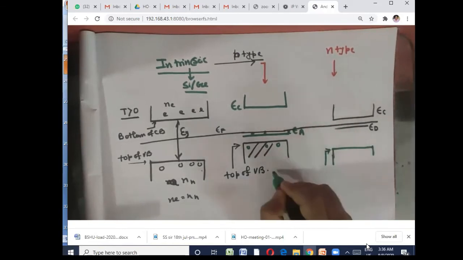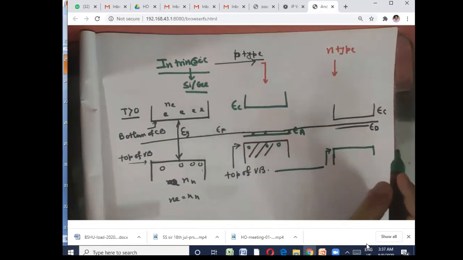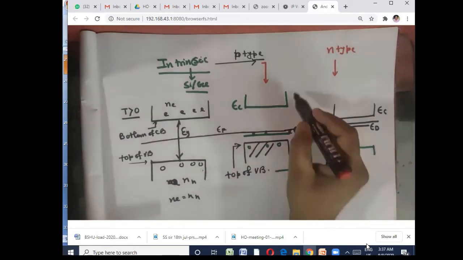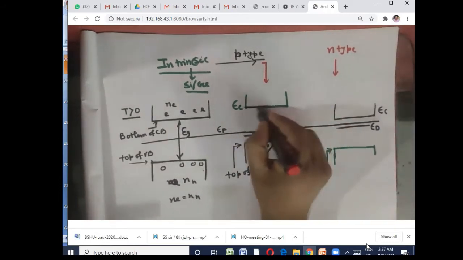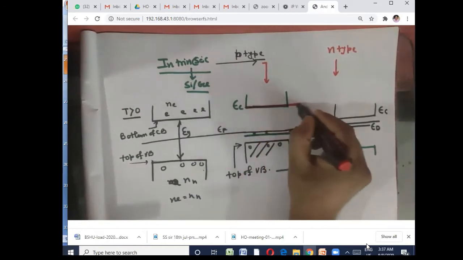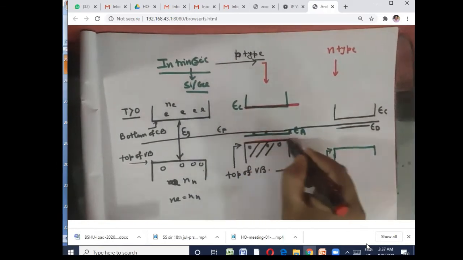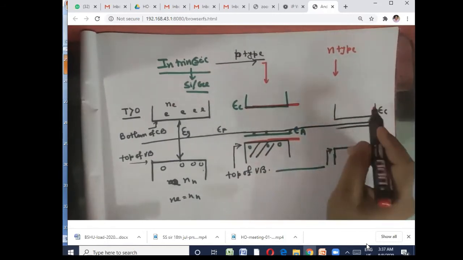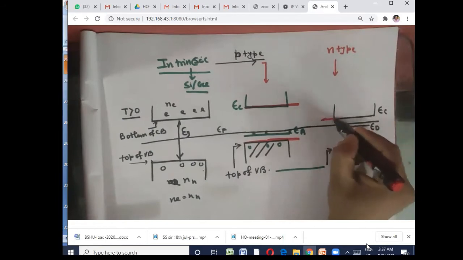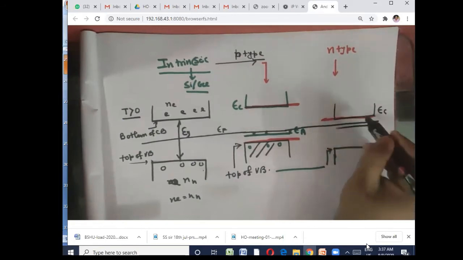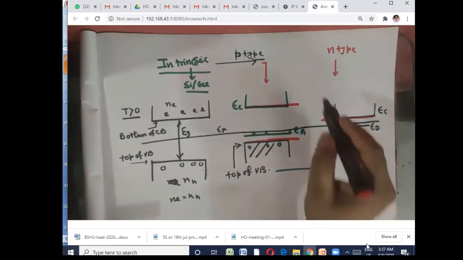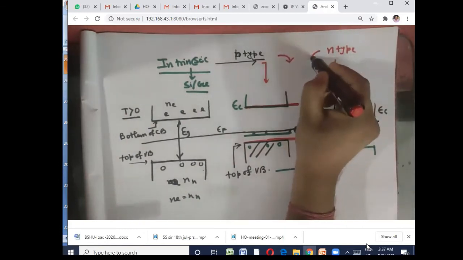You see, a beautiful picture is coming now. This is the bottom of the conduction band and the top of the valence band for the p side. This is the bottom of the conduction band for the n side, and this is the top of the valence band for the n side. Now suppose you want to join p and n and make a diode.